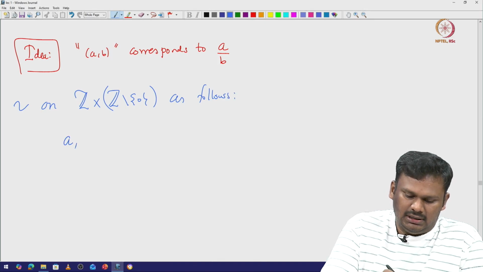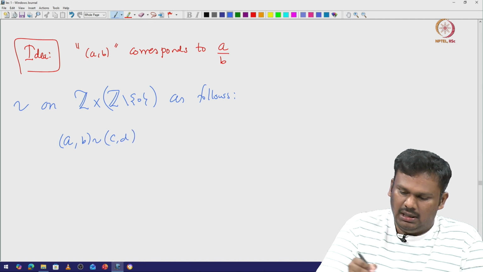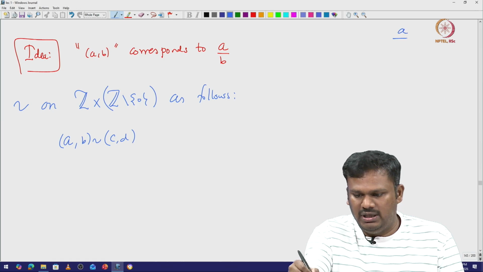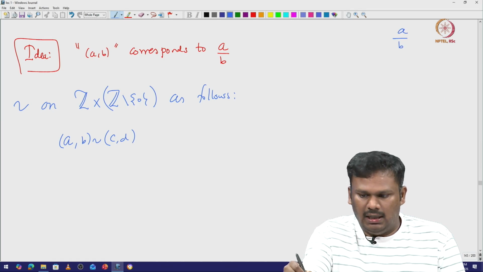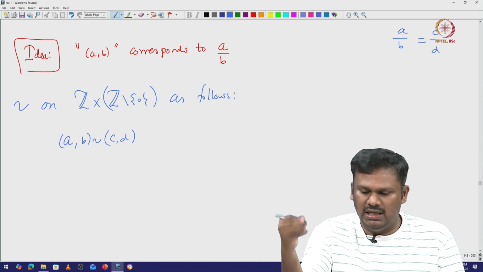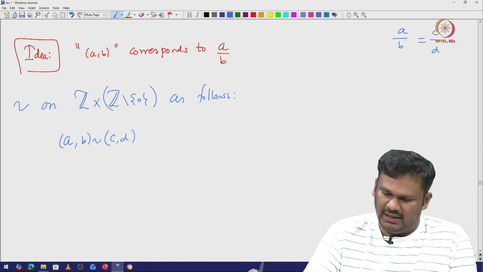We say that a comma b is related to c comma d if we expect a comma b to be the same as a by b, and c comma d to be the same as c by d. So, we want this to be equal in the world of rational numbers.